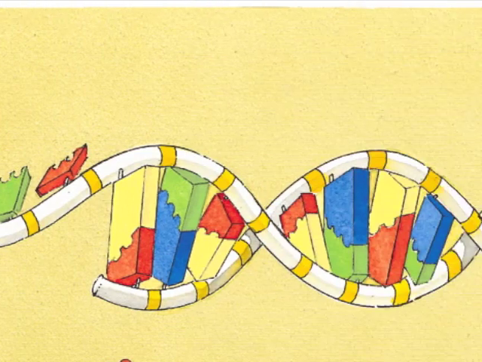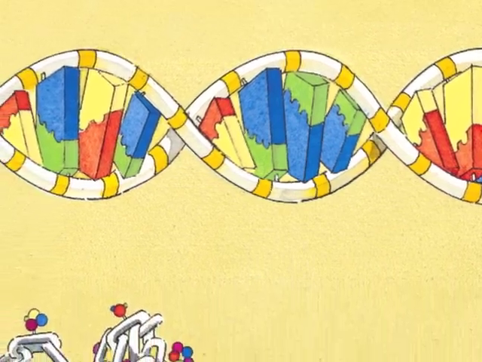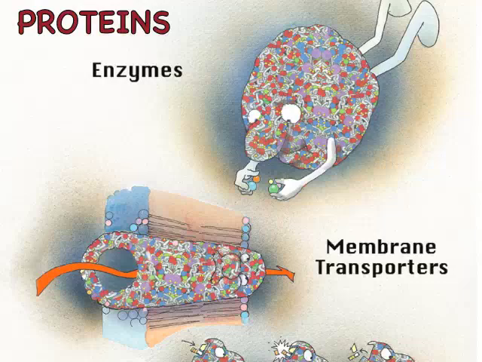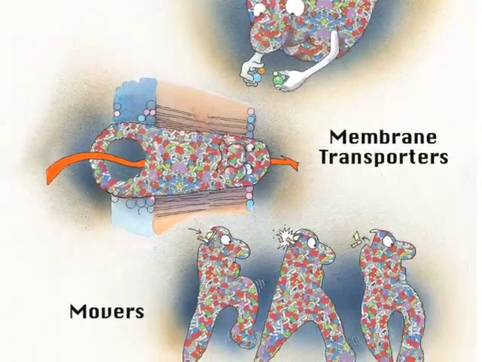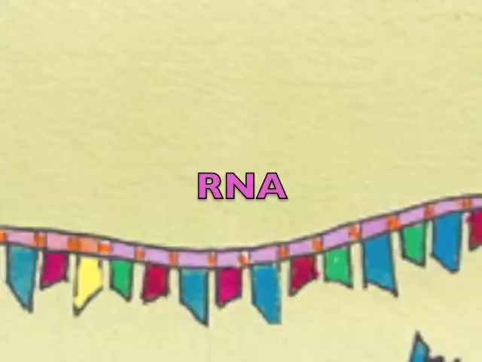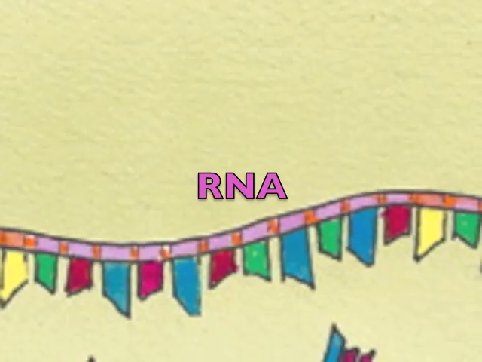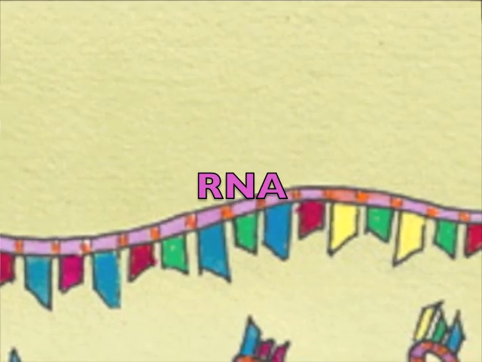DNA, the information molecule, provides the building instructions for the proteins, machinery molecules, which do the work of living. RNA, another chain molecule similar to DNA, acts as both an information carrier and as a building machine.